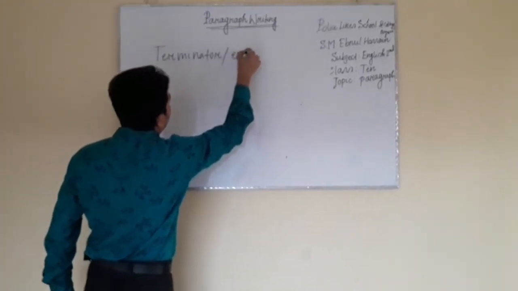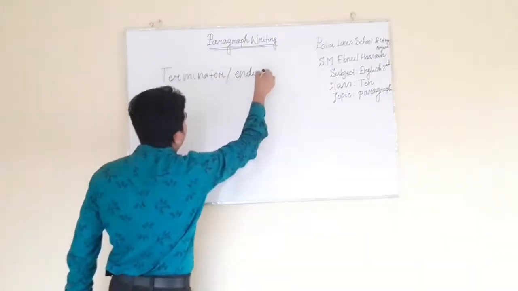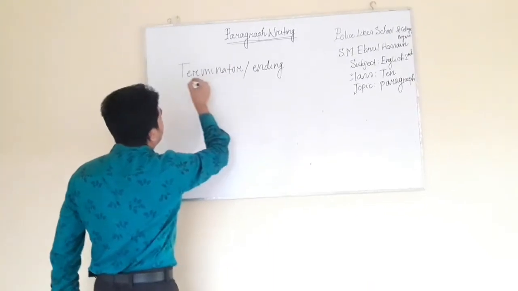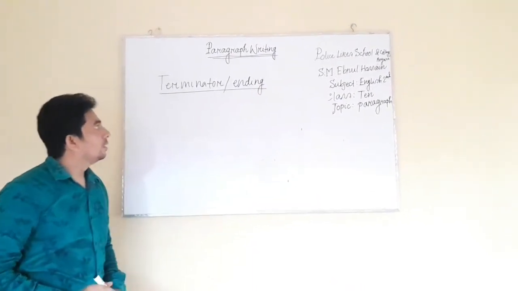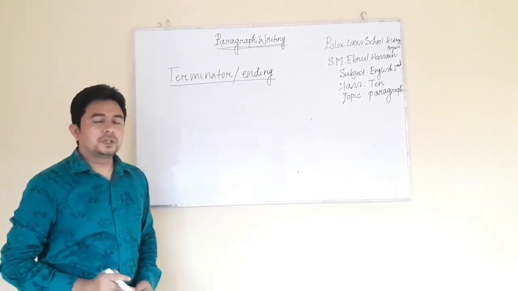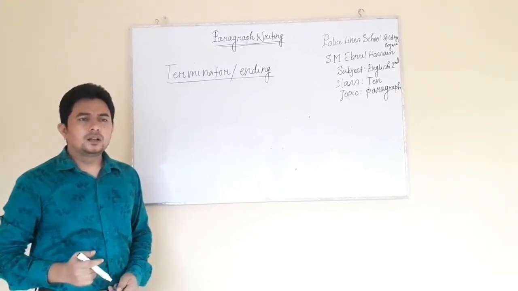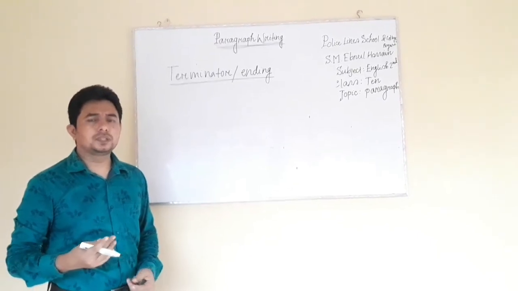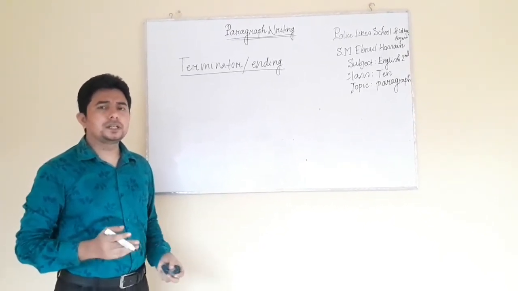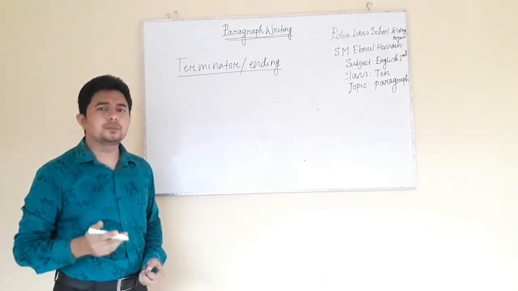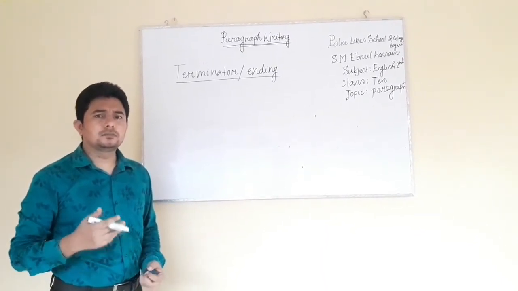Ending. We have already known about the three parts of the paragraph. Now this is the last part, the ending or terminator, and every ideal paragraph must have a terminator.